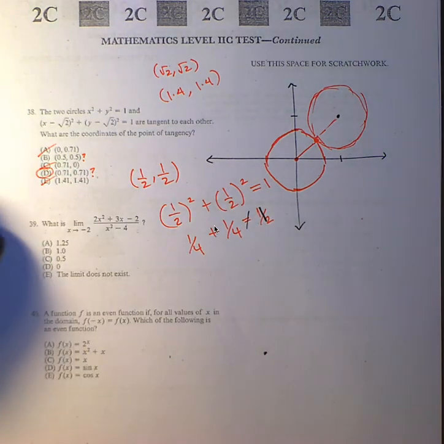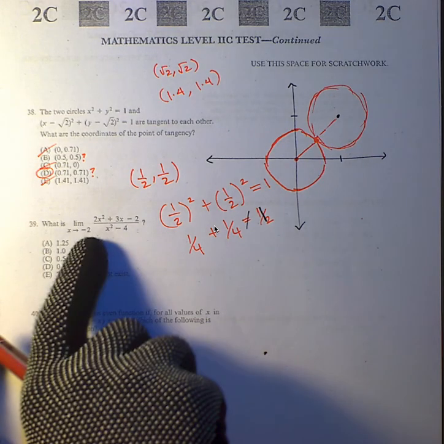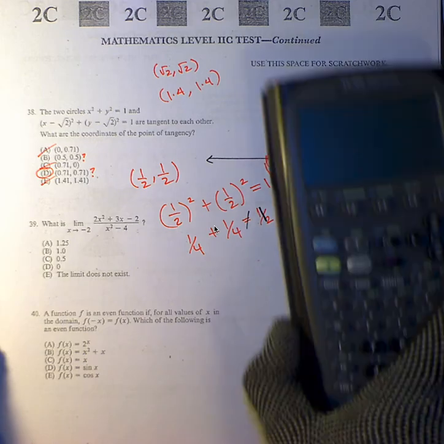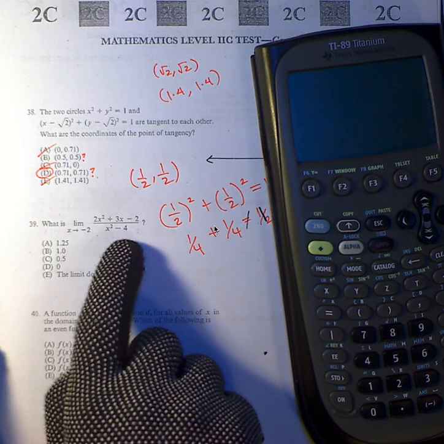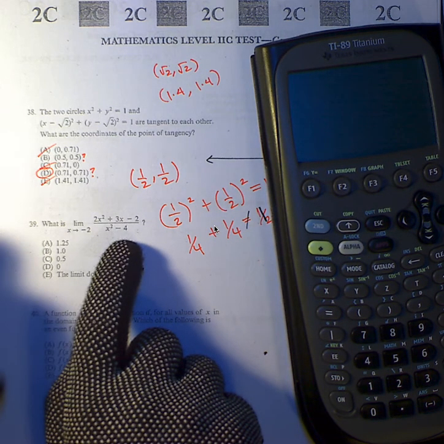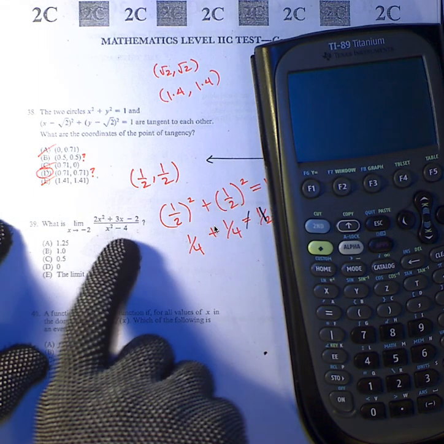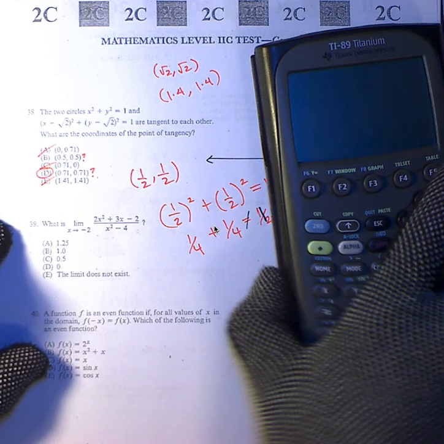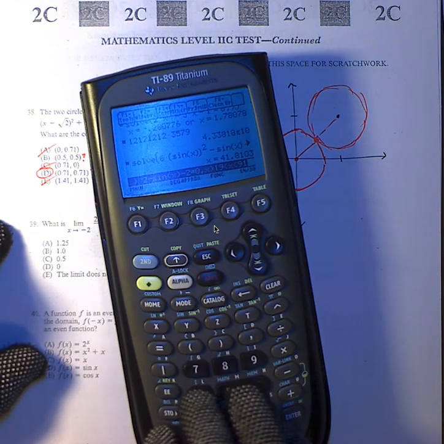All right, now 39. We see that if we plug in -2 to the numerator and denominator, we get 0 over 0. So this is about factoring, and I know how to factor x squared minus 4 efficiently, x plus 2 times x minus 2, difference of squares, and we can use the AC method to factor the numerator. We can also use trial, but why do all that when you could just let the calculator do all the work?